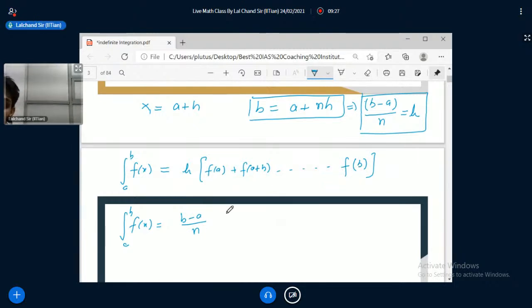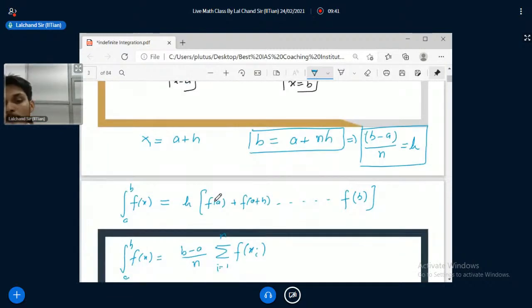Can I write this as sigma of f(xi), where these points are from i equal to 1 to n? Because if I put 0, then I get f of a. If I put 1, then I get this value as f of a plus h, and the last point will be f of b.